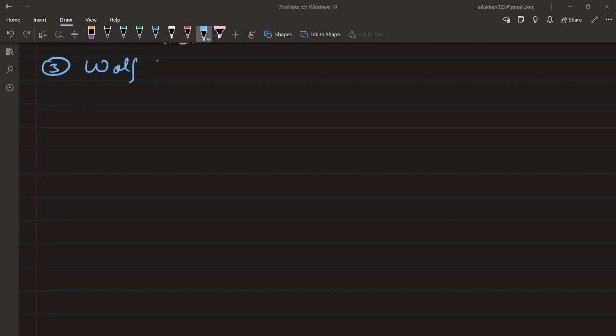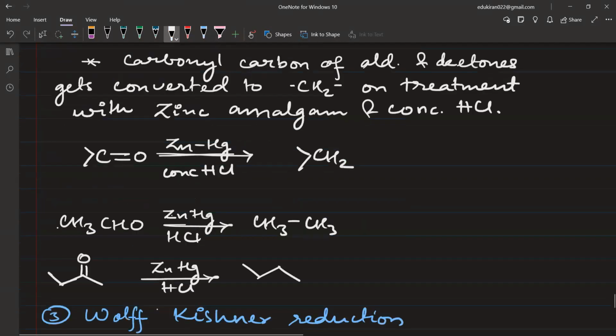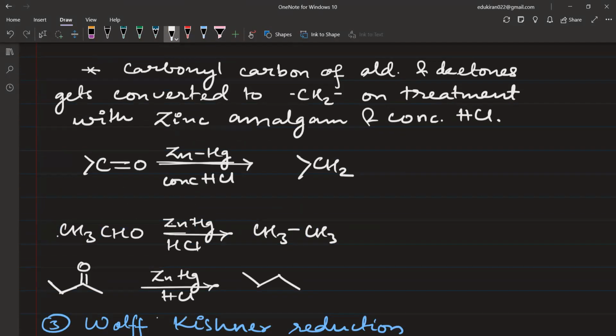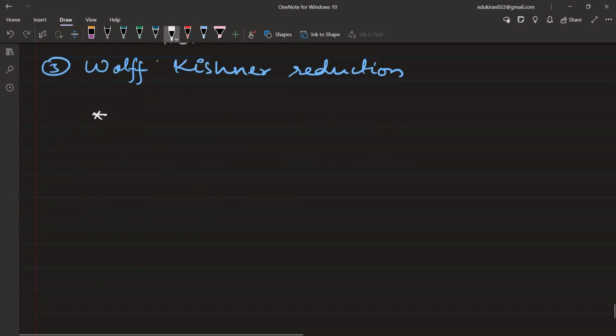Right, next. This is Wolff, double F or single F, I don't remember actually. It's double F. Wolff-Kishner reduction. The product is the same here also. Please write, exactly the same happens in this also. Carbonyl carbon of aldehyde and ketone gets converted to CH2, but the treatment is different.